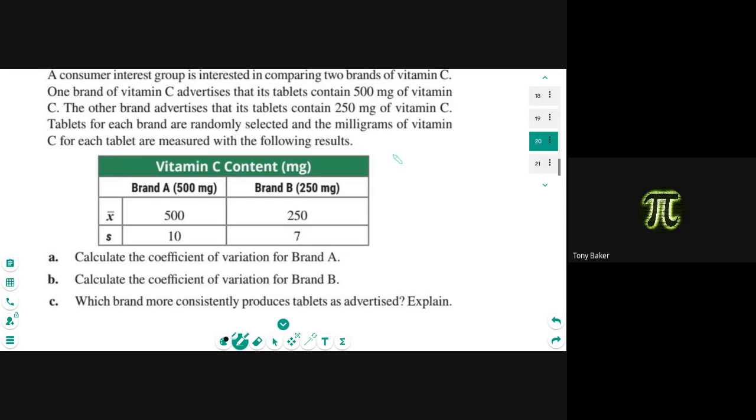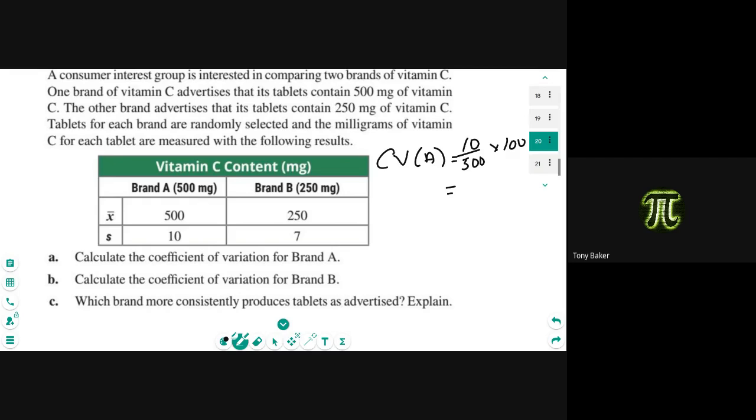So what's my CV of brand A? So what would I do? Times 100, which gives me what? Percent. That's why you're multiplying it by 100. You're just changing it to a percent. So you technically don't need to multiply it by 100.